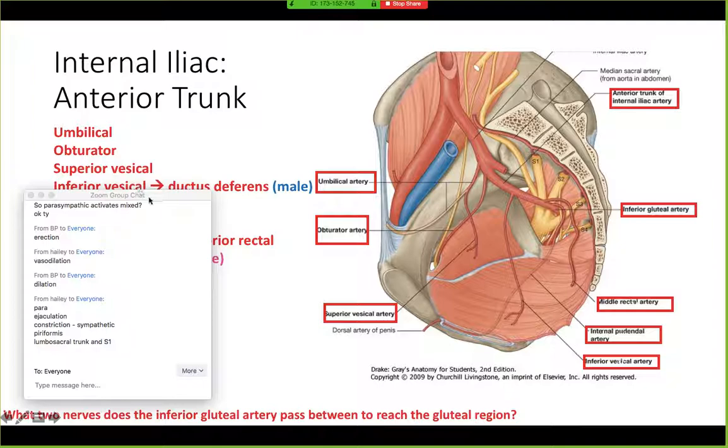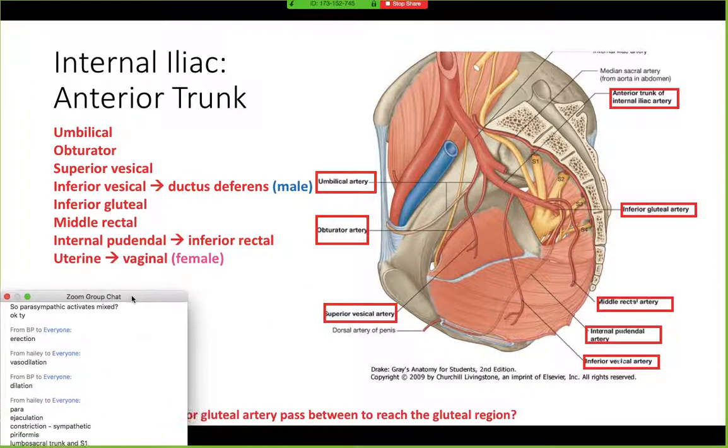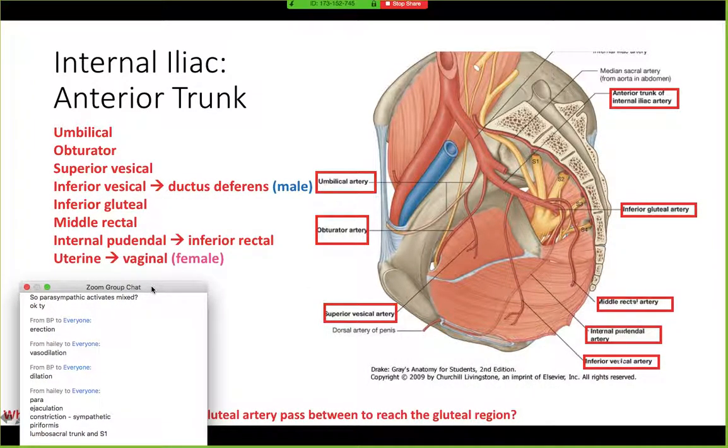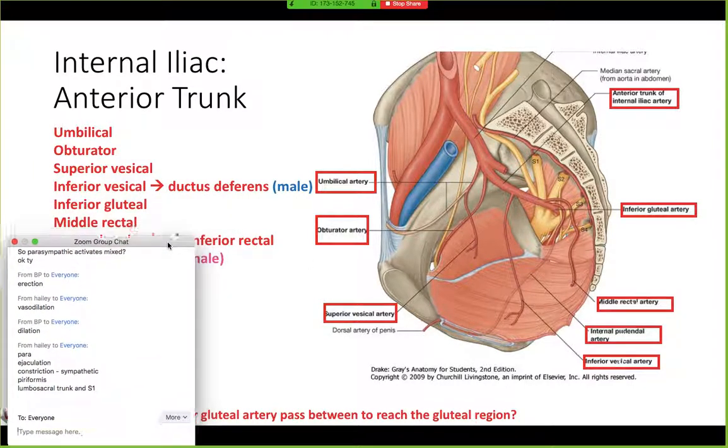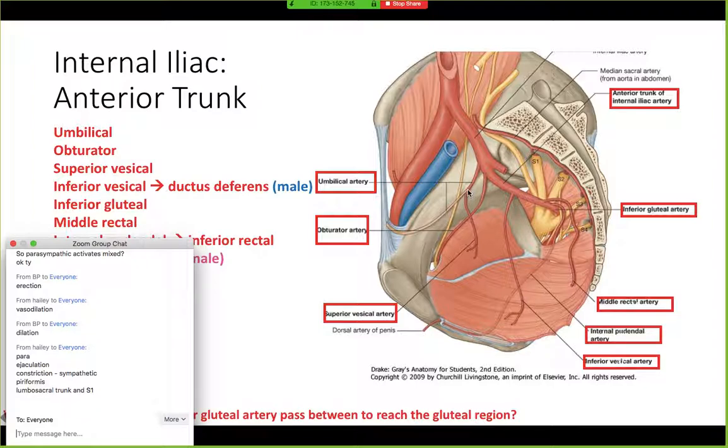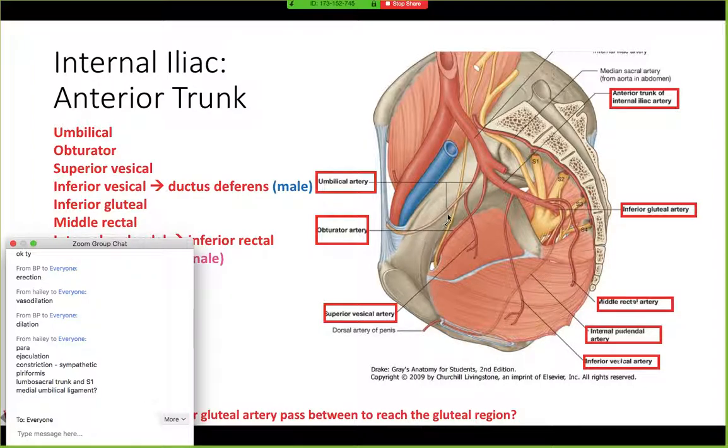All right. So the anterior trunk of the internal iliac. Let's start with the umbilical artery. Your umbilical artery becomes, what was this structure here? Right, medial umbilical ligament.